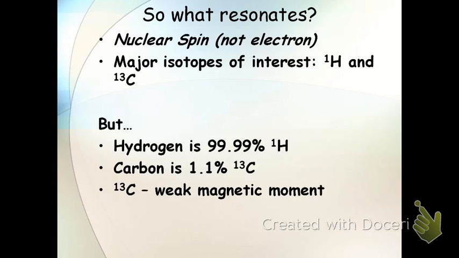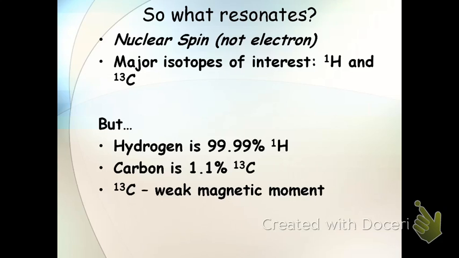Turns out carbon-13 has a relatively small magnetic susceptibility, it has a weak magnetic moment, and it's also only 1% carbon-13 of all the carbon that we have, like when we take a random sample of carbons.